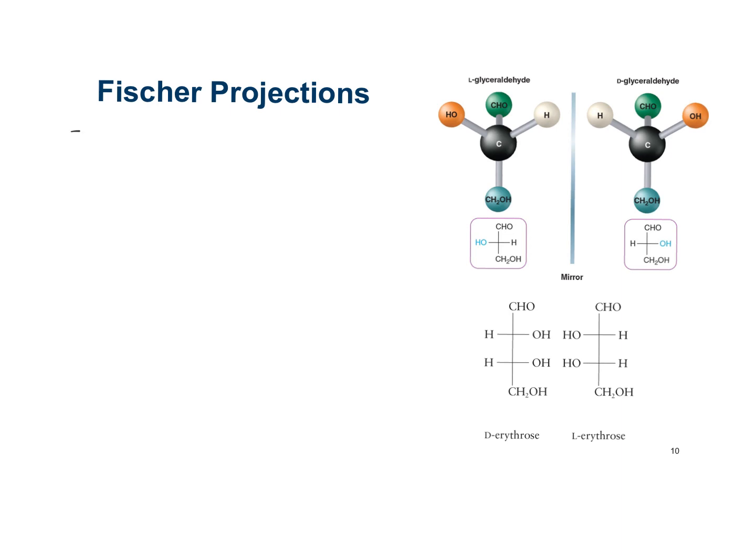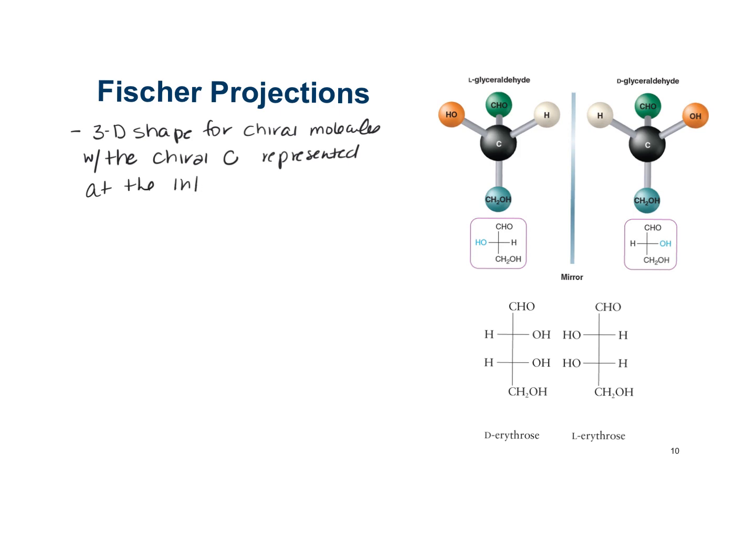When we talk about a Fischer projection, this is just the 3D shape for chiral molecules with the chiral carbon represented at the intersection of 2 lines.